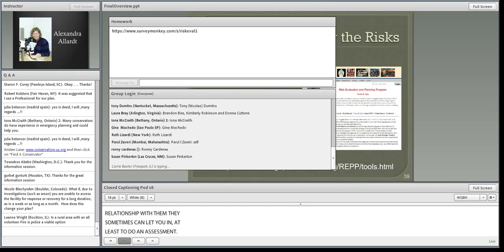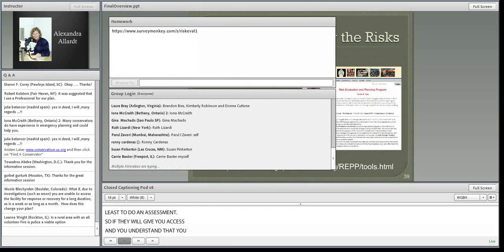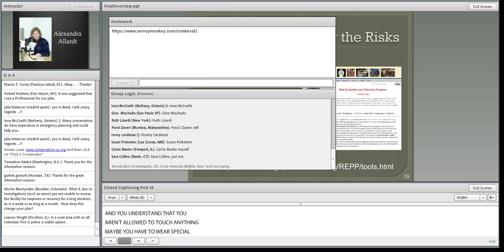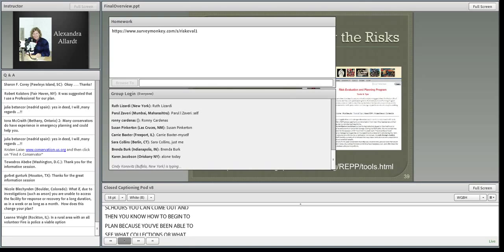Then you know how to begin to plan because you've been able to see what collections or what rooms have been affected, and you can begin to set up triage and the kinds of supplies you need, so when you do have access, your feet are hitting the ground and you're ready to go.